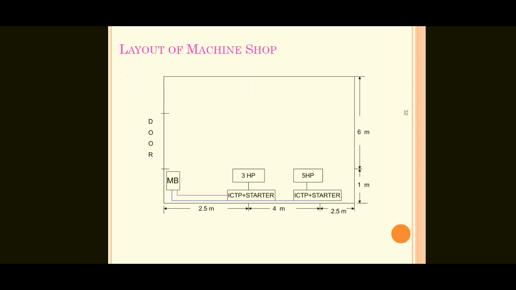Next one, layout of machine shop. So MB, 3 HP, 5 HP, ICTP plus starter is used.